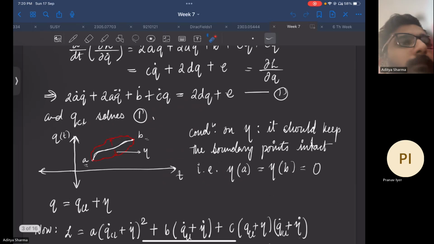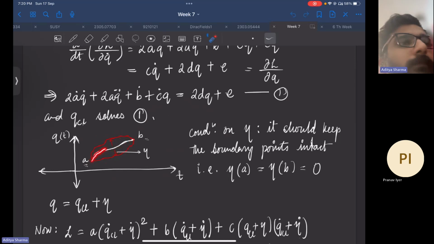Okay. Now I am going to consider fluctuations of QC. This is QC, the classical trajectory. The fluctuations are, say, given by eta. So eta means how much it deviates from the classical path. In fact, that is what the idea of the path integral is, right? That we sum over all the paths.